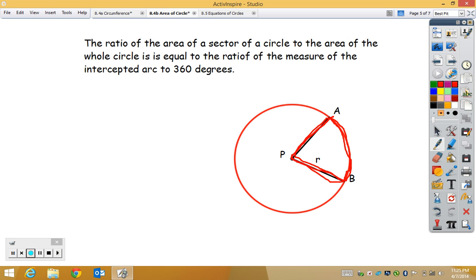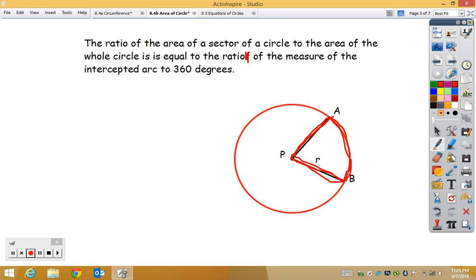And we can say the ratio of the area of a sector of a circle to the area of the whole circle is equal to the ratio of the measure of the intercepted arc to 360 degrees.